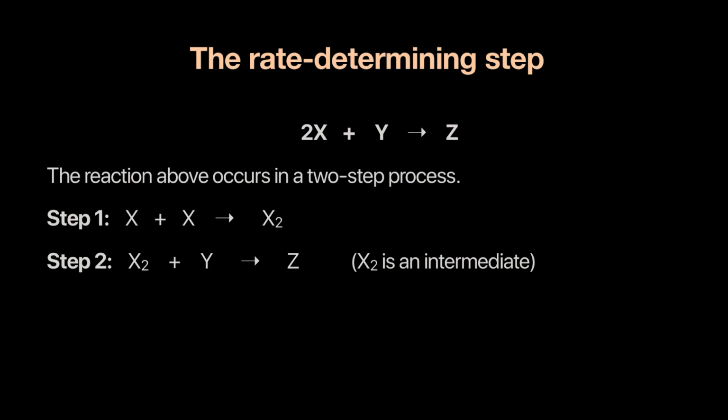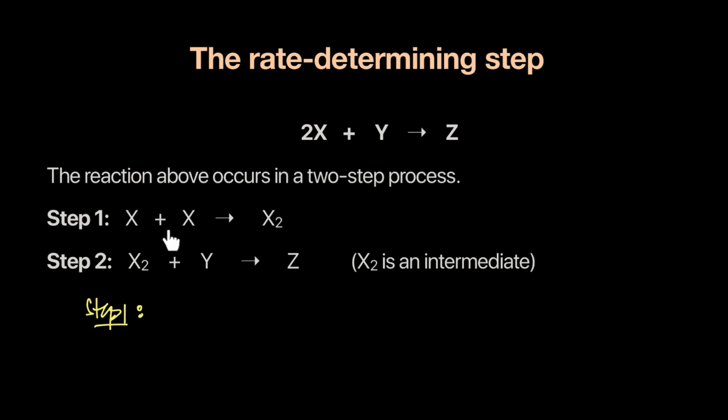So if I'm talking about step 1, step 1 has its own rate equation. That is in line with what you can see from the equation, because step 1 really is X and X reacting. If you remember in IGCSE and O levels, you've done that rate is proportional to concentration. What they were saying was that rate is proportional to concentration in single step reactions, not overall reactions. This is the overall reaction for a multi-step reaction, and its rate equation cannot be judged by looking at the reaction.